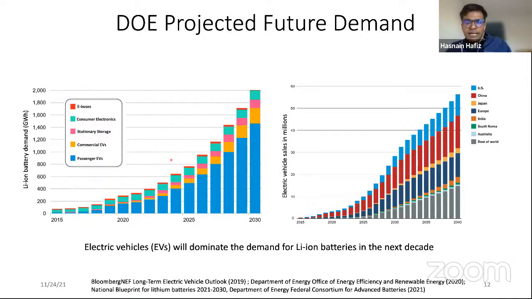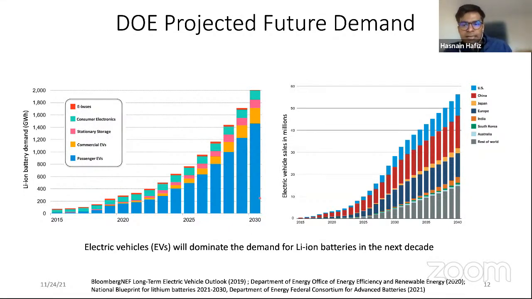In fact, if you see the US Department of Energy's projected goal, on the left side you will see the lithium-ion battery demand on the y-axis, and on the x-axis are the different years for the next decade. And you will see that the demand is growing exponentially. So by 2030, the demand will be really, really high.